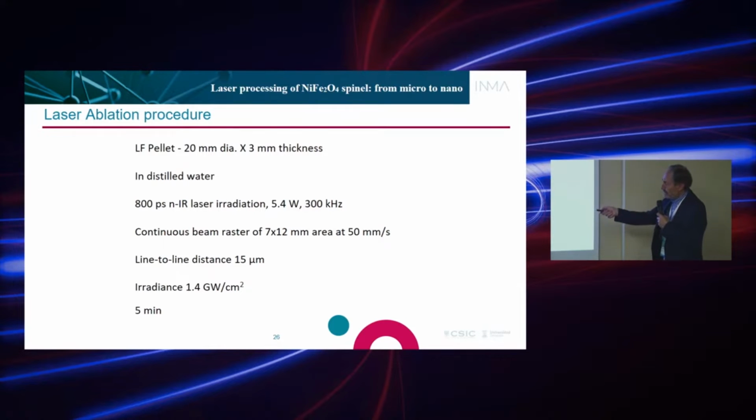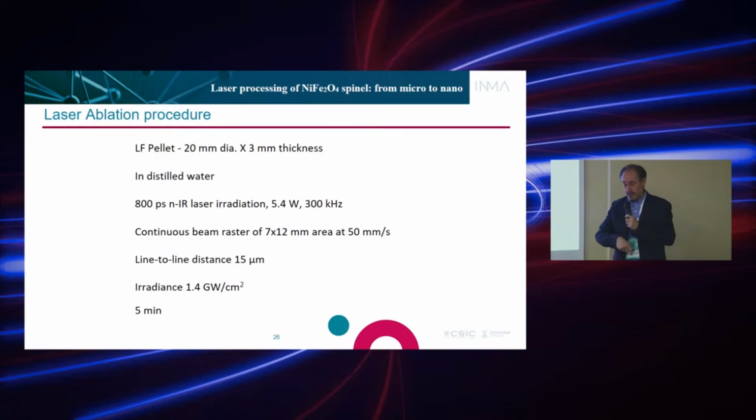They are immersed in distilled water, and we use an 800 picosecond pulse near IR laser with a power of about 5.4 watts and 300 kilohertz pulse repetition rate. We make a continuous beam raster of 7 by 12 millimeter area at 50 millimeters per second with a line-to-line distance of 15 microns. So we make many lines and we separate them 15 microns from each other.